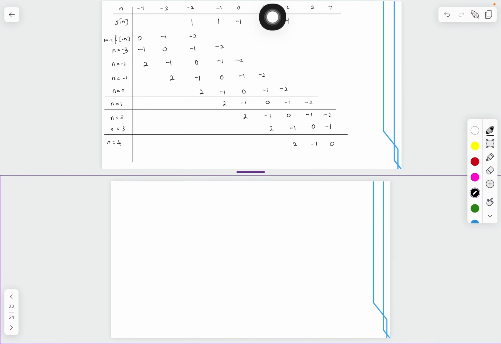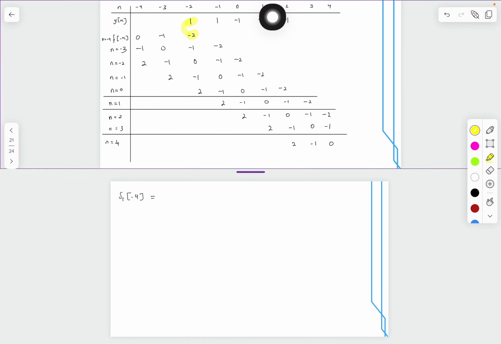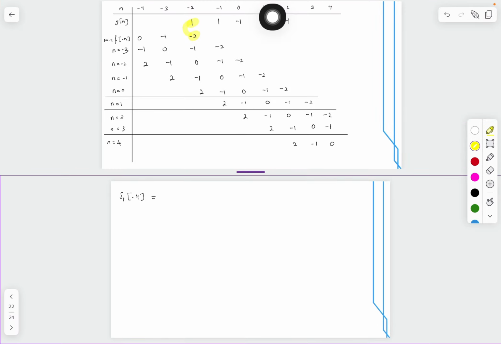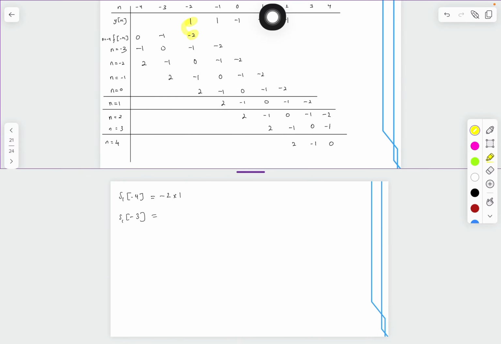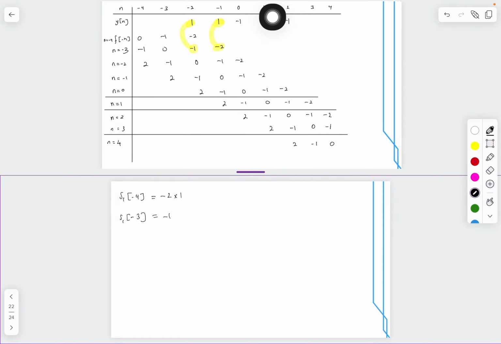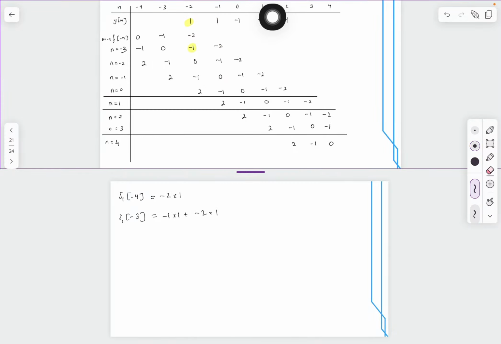Next, we are only going to consider the regions that have an overlap for the multiplication. So the first one is going to be S1 at n equal -4. The only region where there's an overlap is here, -2 times 1. S1 at -3, the overlap is going to be here. So it's going to be this times this plus this times this. So it's going to be -1 times 1 plus -2 times 1. The next one is going to be S1 at -2.